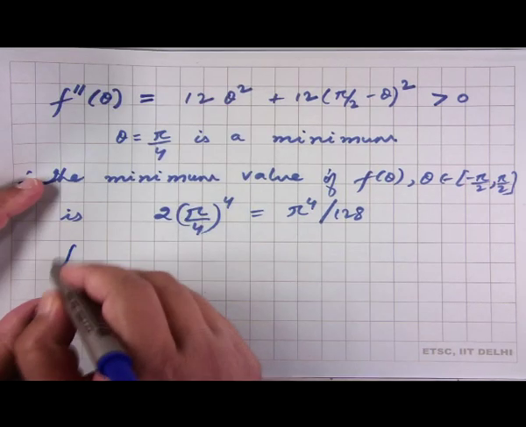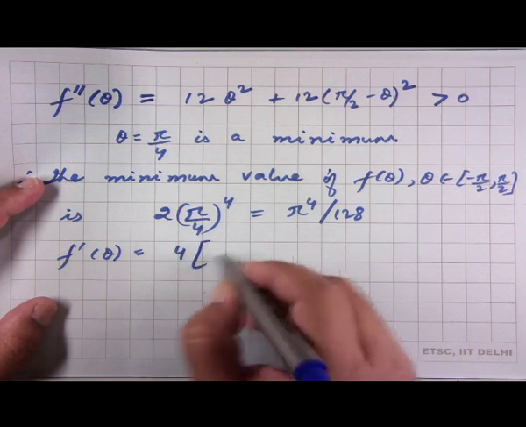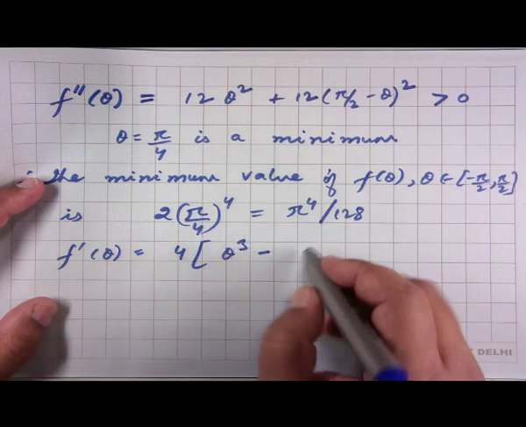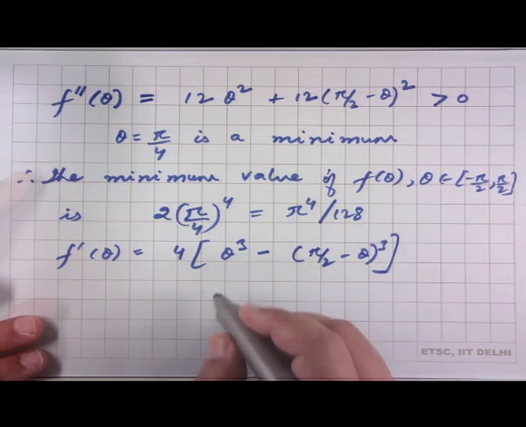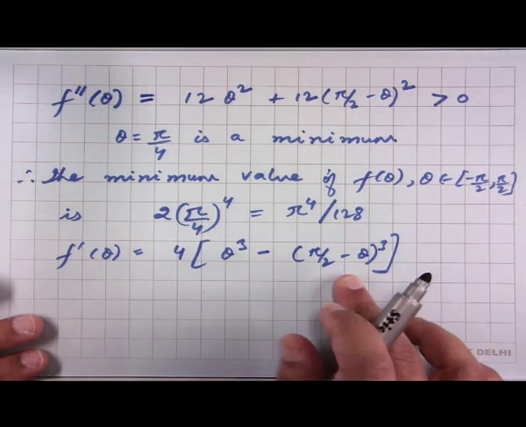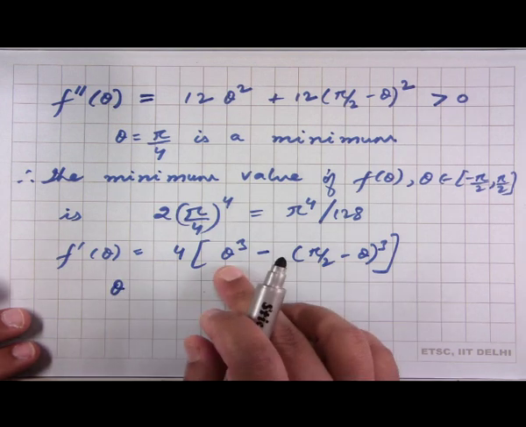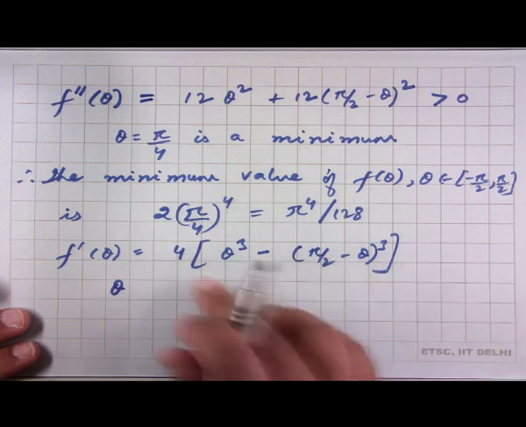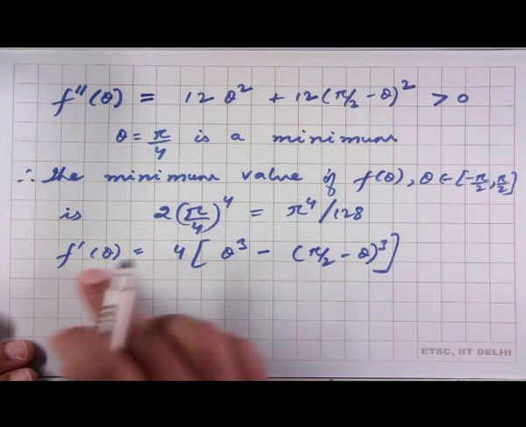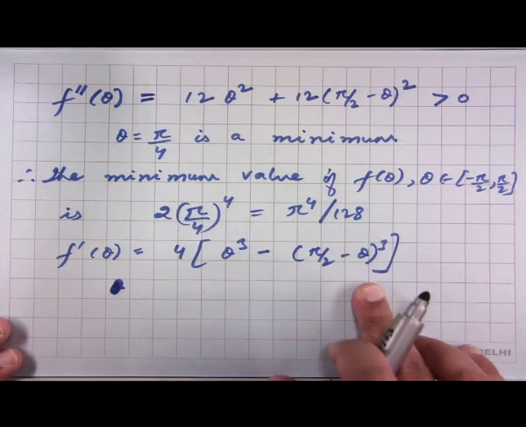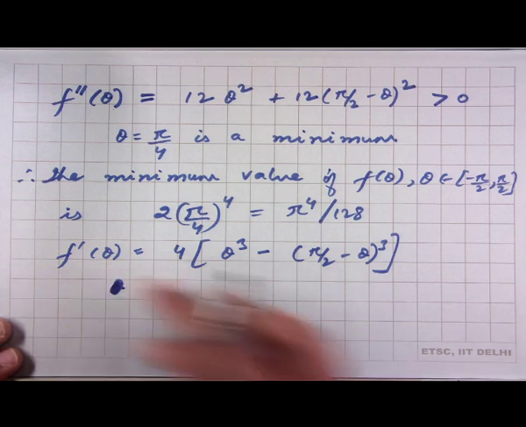So, the first derivative was 4 times θ cube minus (pi by 2 minus θ) cube. Now, it is clear from here that the value of θ is between minus pi by 2 to plus pi by 2. So, we need to examine the value of the first derivative, or rather plot a graph for f dash θ with respect to θ.